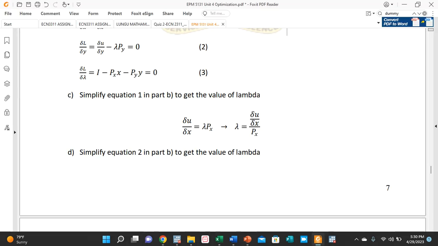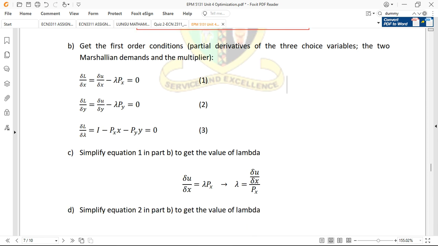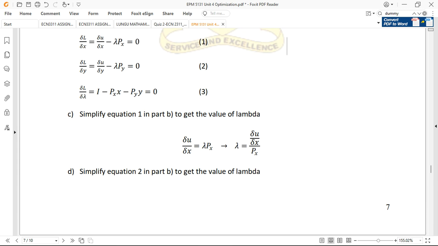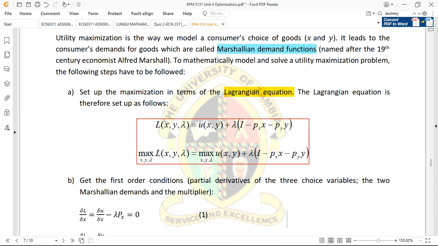So what we've done in the first place is use the symbols. In short, they can either give you the actual functions, like the one we've just done, and ask you to get x1 and x2, or there are times when they just want you to use these symbols.